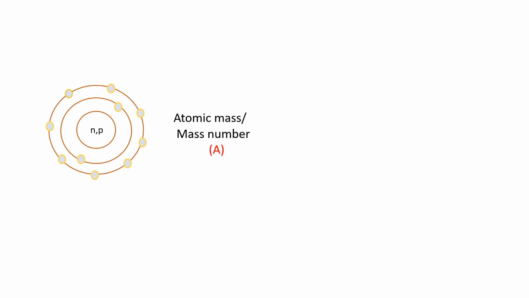The atomic mass number is given by the number of protons and neutrons that are sitting in the core of an atom, that is, the nucleus. So basically, the mass number is the sum of neutrons and protons. That is, if we add the number of neutrons and protons, we will get the atomic mass number, that is capital A. Now, if we are defining the atomic mass as a whole, why are we not including the electrons in it?